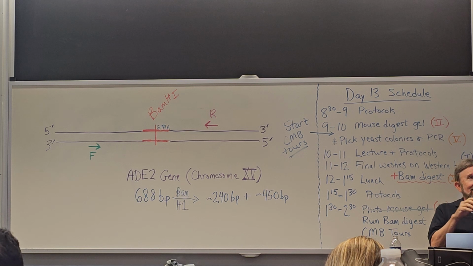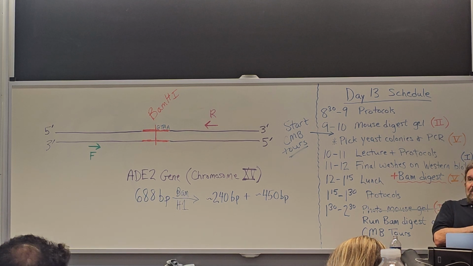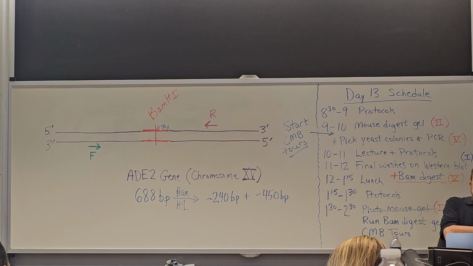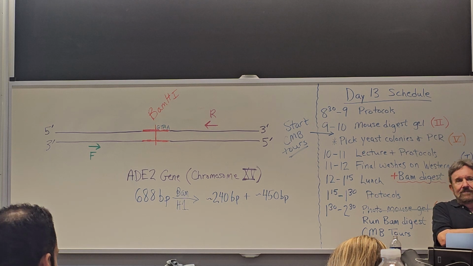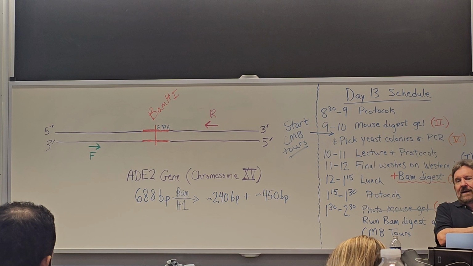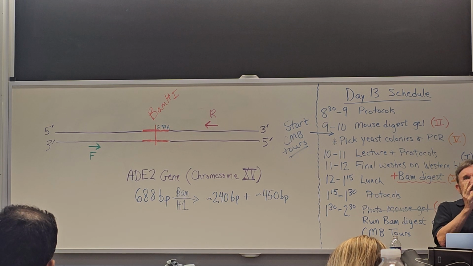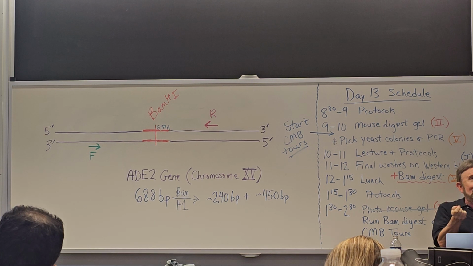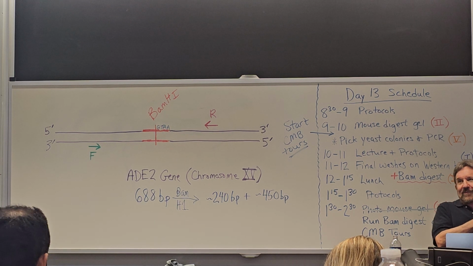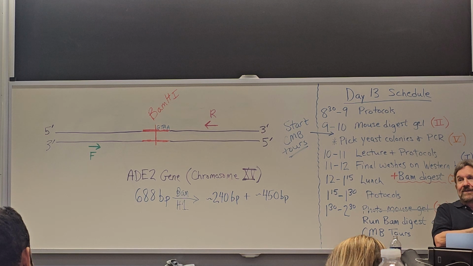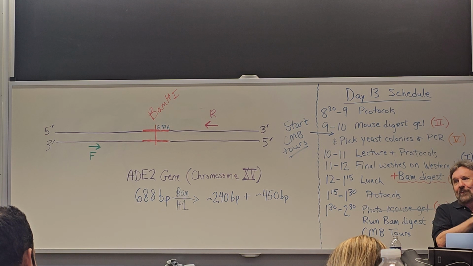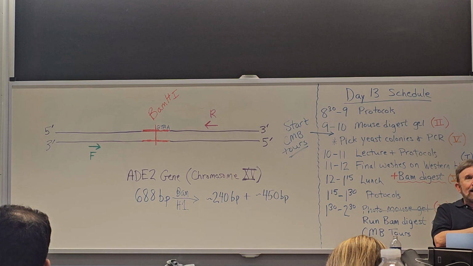So in yeast, it might be more or less efficient than, say, mouse cells, CHO cells. So it's hard to say. You'll know your efficiency if you pick 100 colonies and you get 5 that are CRISPR, then you know your efficiency is maybe around 5%, right?